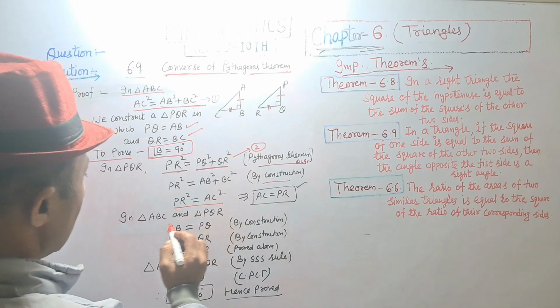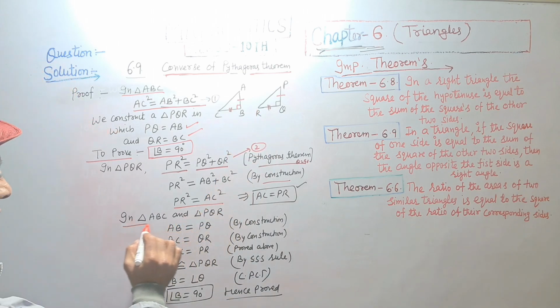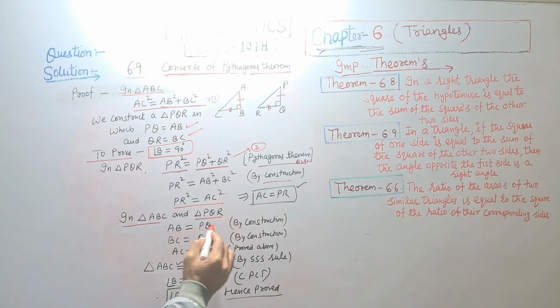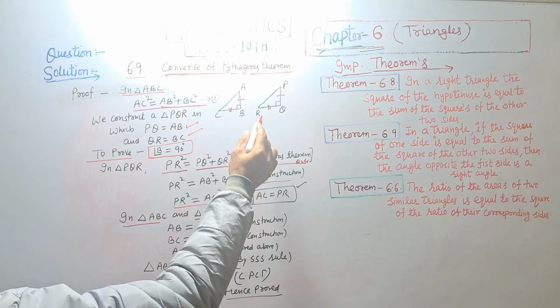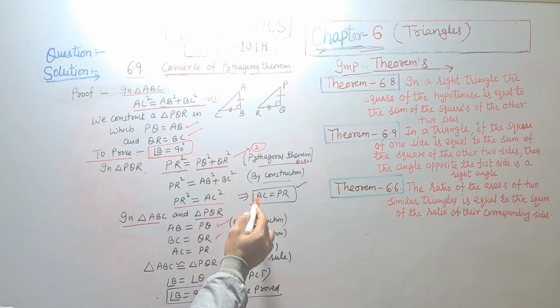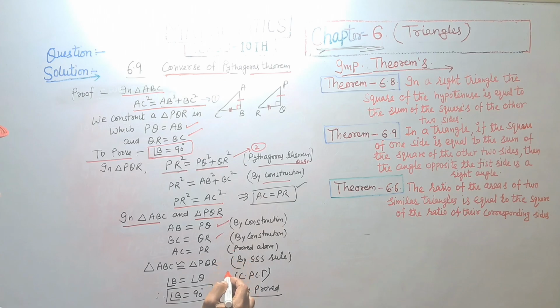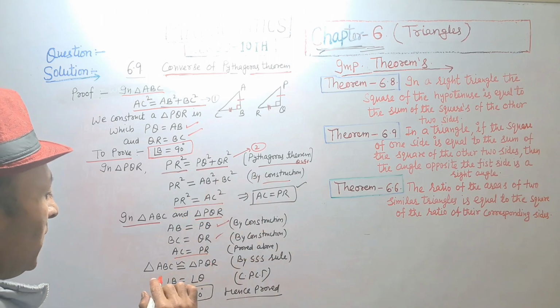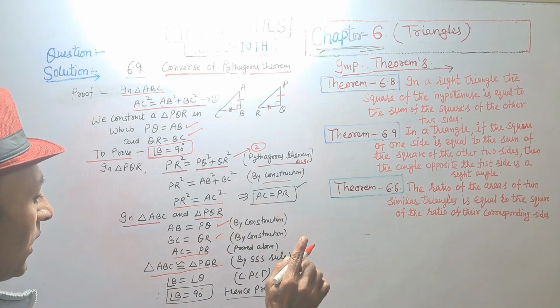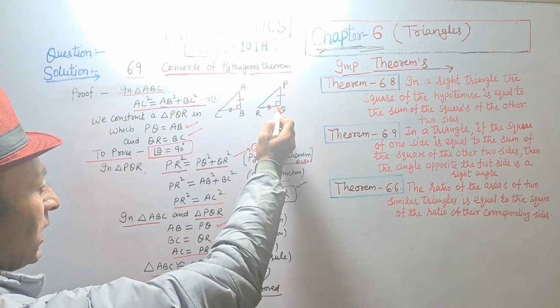And in triangle ABC and triangle PQR, AB is equal to PQ by construction, BC is equal to QR by construction, and AC is equal to PR. So by SSS rule, we get triangle ABC is congruent to triangle PQR and angle Q is a right angle.